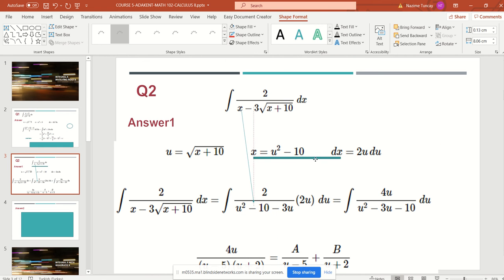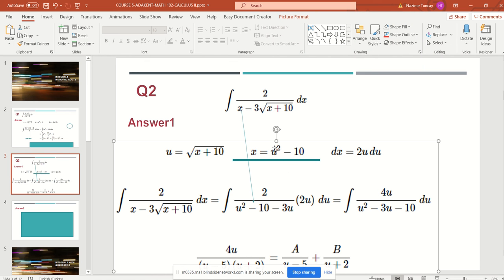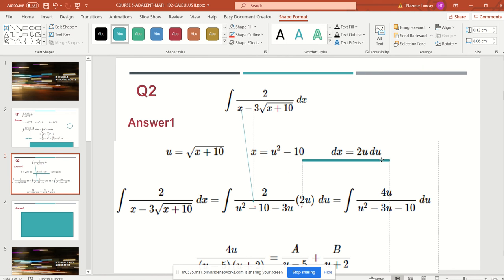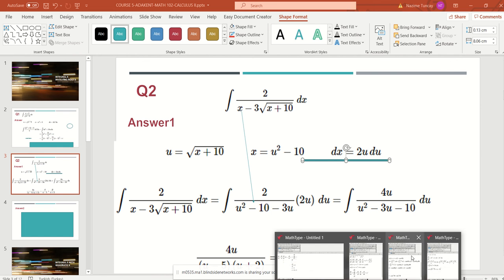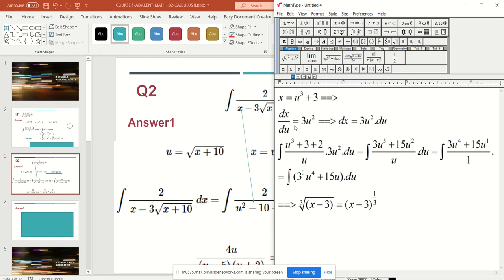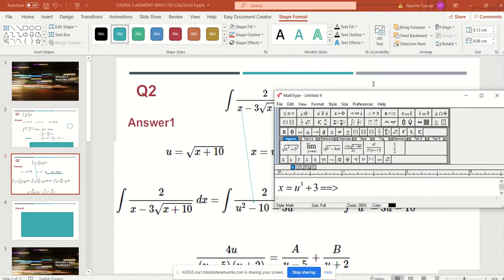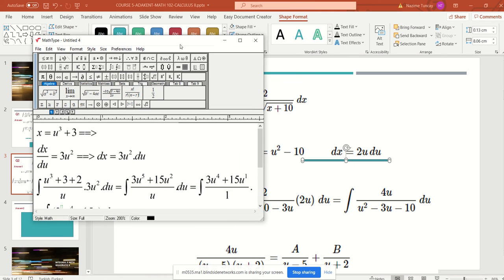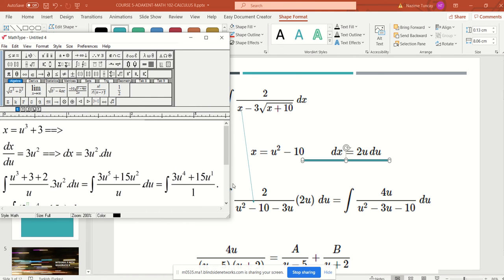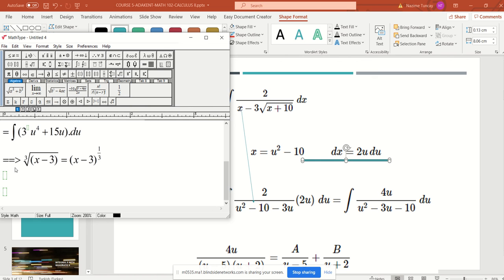x equals u square minus 10, because this is u substitution. And then I take du over dx. I find the derivative of this according to x, and the function here is the x function.